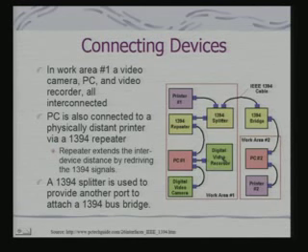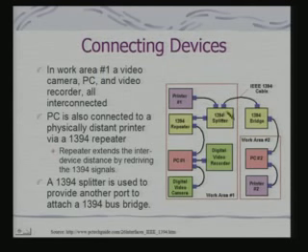They are connected, and the PC is also connected to a physically distant printer via a 1394 repeater. Just like any repeater you use for conditioning of the signal, a repeater extends the inter-device distance by redriving the 1394 signals.